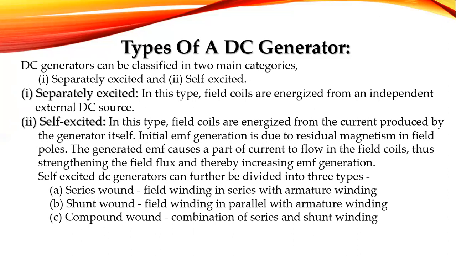Self-excited: in this type, field coils are energized from the current produced by the generator itself. Initial EMF generation is due to residual magnetism in the field poles. The generated EMF causes current to flow in the field coils, thus strengthening the field flux and thereby increasing EMF generation.